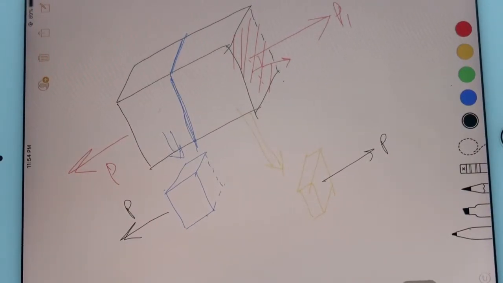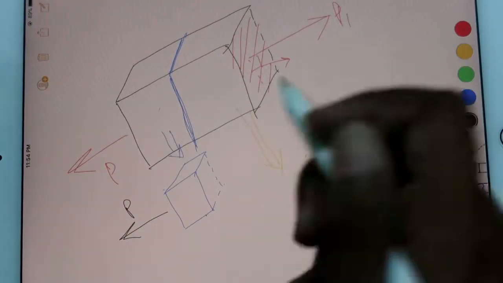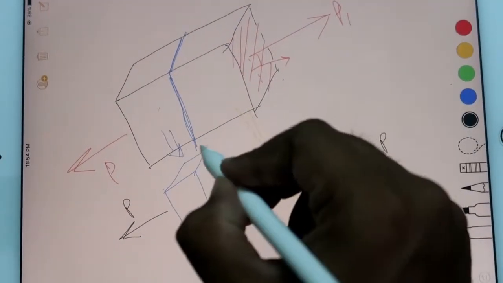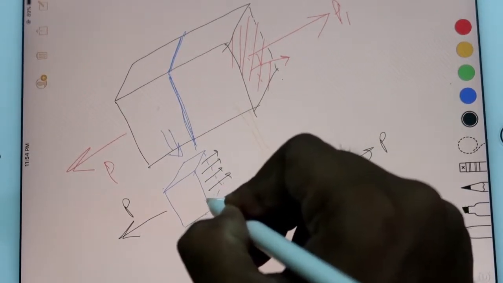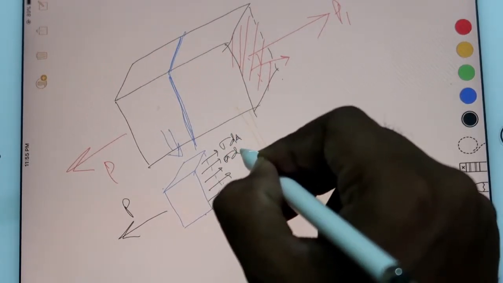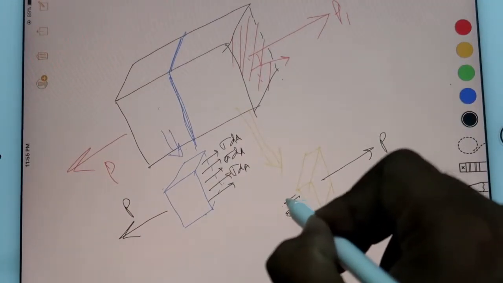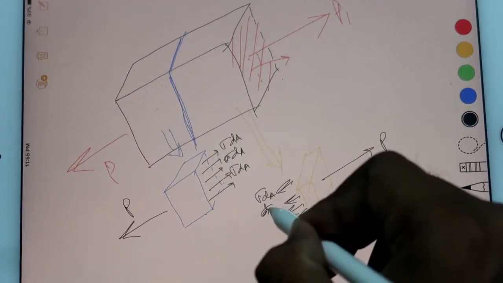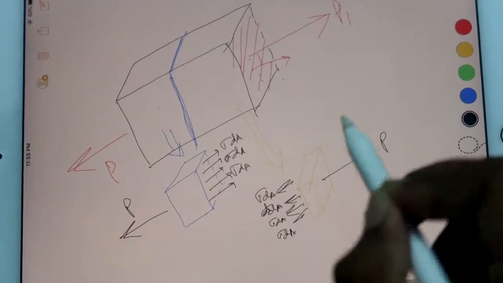As I draw the free body diagram, there must be some internal force resisting this force. So there generates sigma dA, sigma dA, sigma dA, and in the same manner this side also generates sigma dA.